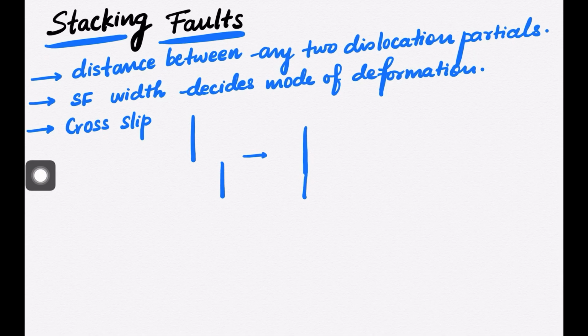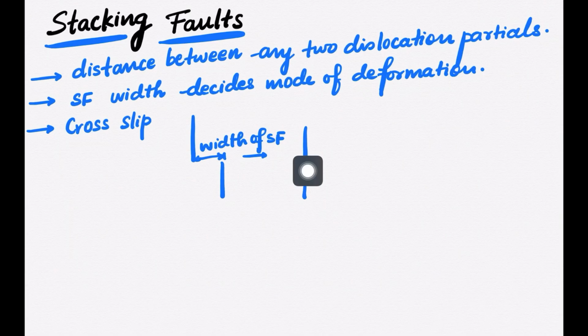And this is the width of the stacking fault. If this width is more, then cross slip will be difficult because these two partials will not be able to merge together easily. So what is cross slip? The merging of two partial dislocations into one complete dislocation is called cross slip.